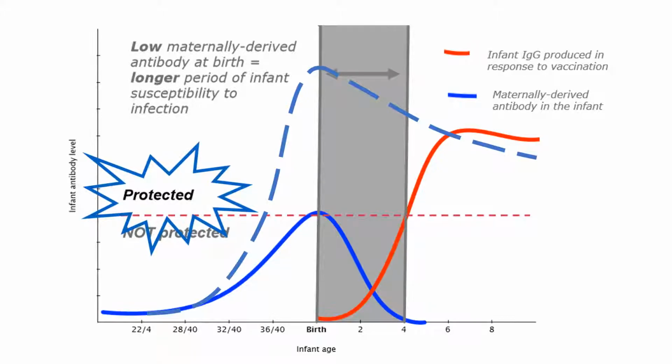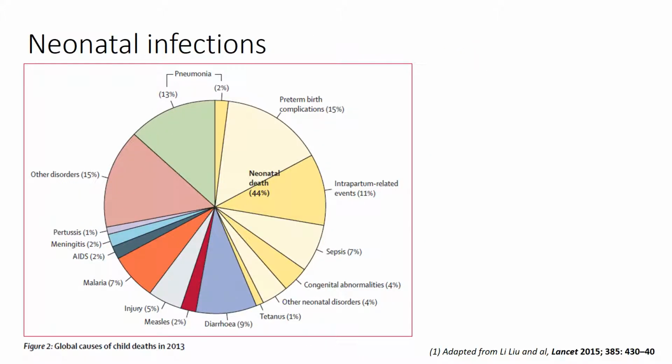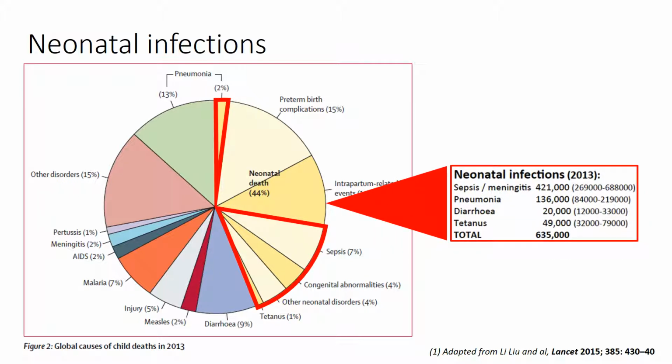Due to this sensitivity, children are exposed to many infections of any type, leading to an important global burden. Among the global causes of child death, 18% is due to neonatal infections, resulting in 2013 in an overall 625,000 deaths.